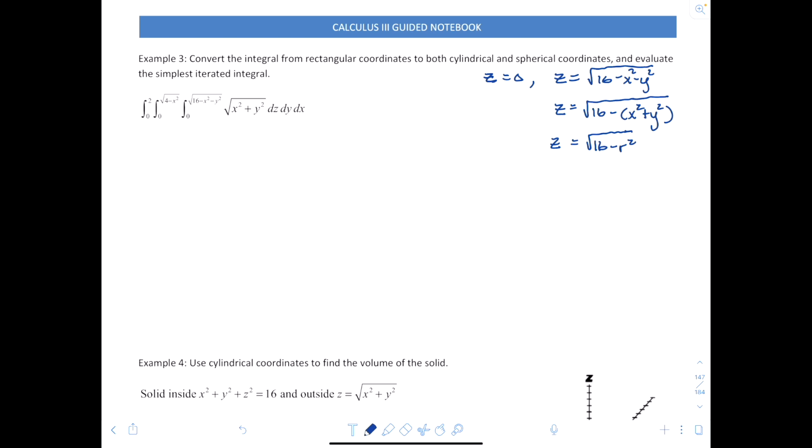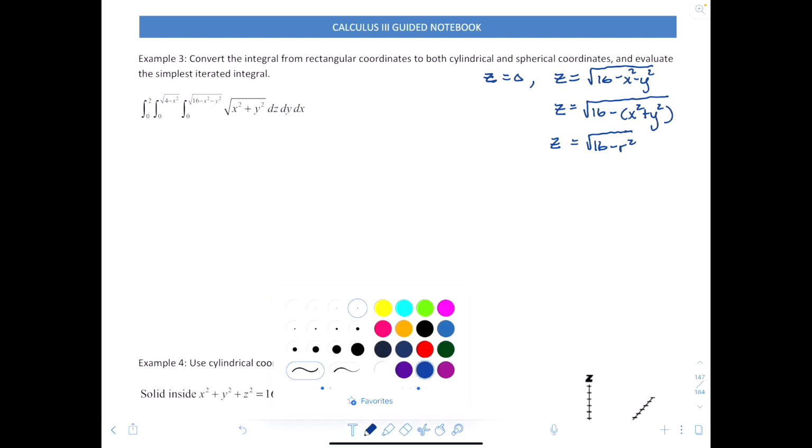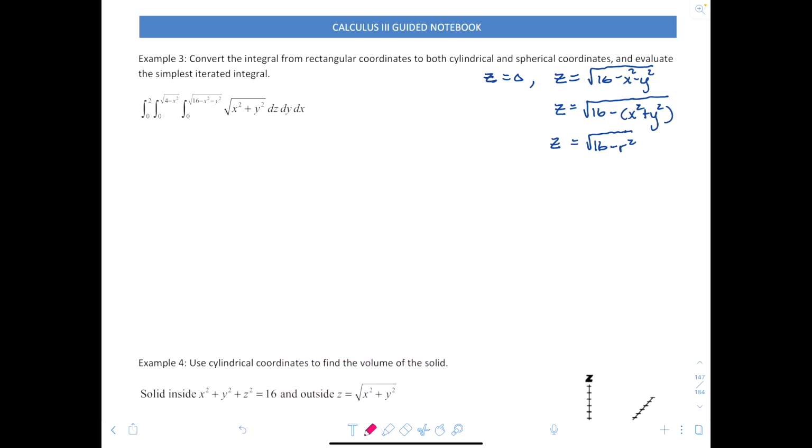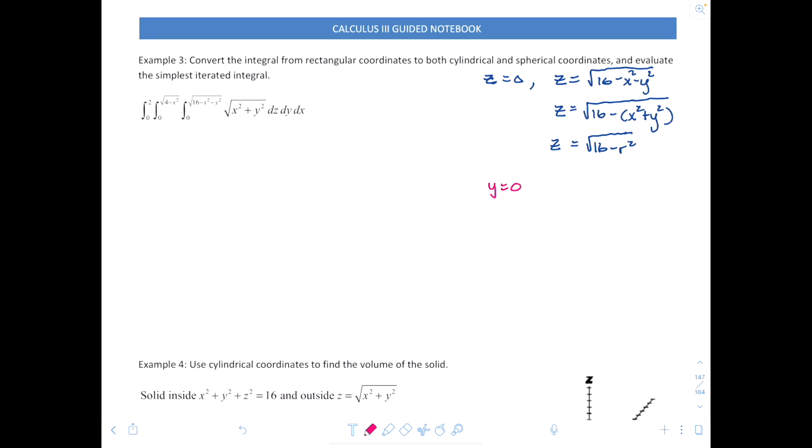Now, y is bound between 0 and root 4 minus x squared. So y is 0 and y is root 4 minus x squared. Well, that's going to be the upper half of a circle, right?